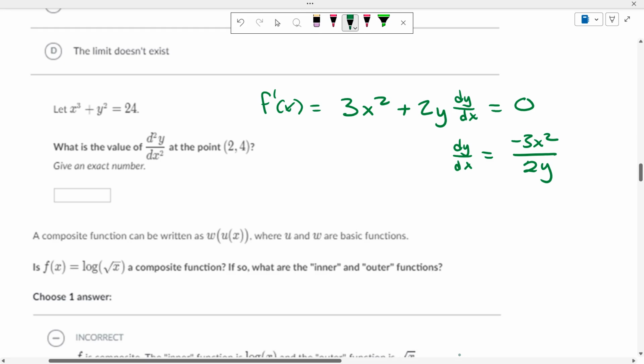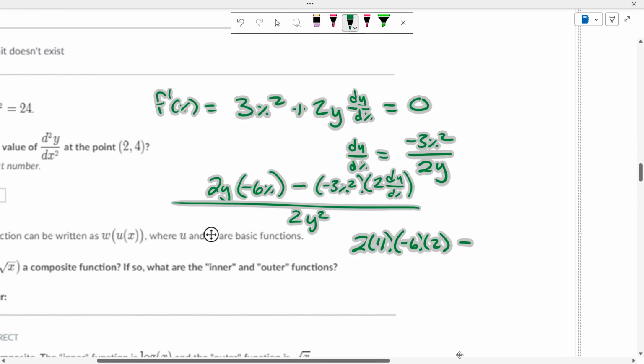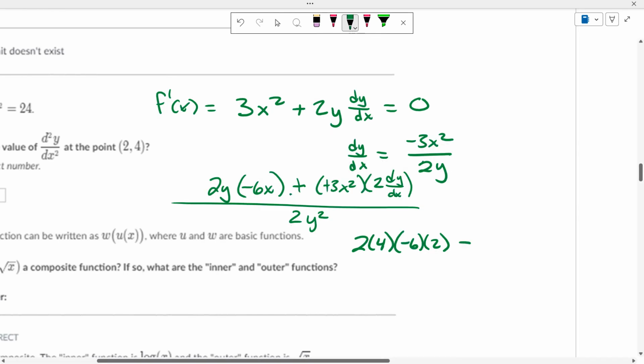Yeah. So now it's quotient rule. So it's 2y times the first derivative of the top, which is negative 6x, minus negative 3x squared times the first derivative of the bottom, which is 2 dy/dx, over 2y squared. Now at this point, it might be easier just to plug in the numbers. So 2 times 4 times negative 6 times 2, minus, and if it's minus a negative, if we go plus a positive right here, that might help us.